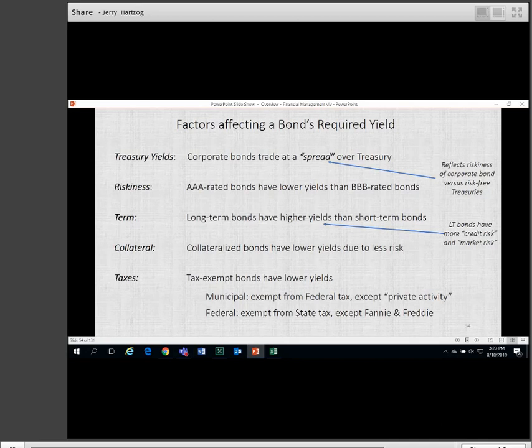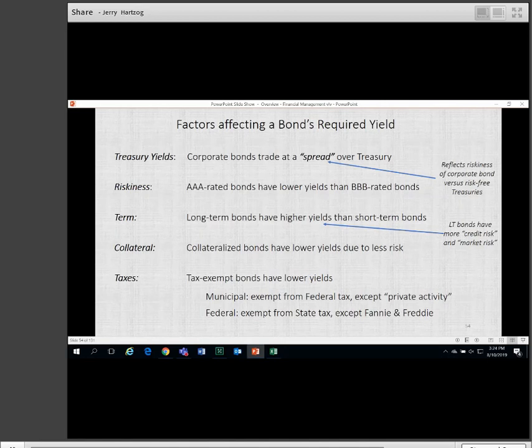Also, as we talked about a few minutes ago, there's market risk. Long-term bonds' prices fluctuate more over time than short-term bonds. So both credit risk and market risk lead to long-term bonds tending to have higher yields than short-term. Next is collateral. A collateralized bond or a secured bond has lower yields due to less risk.